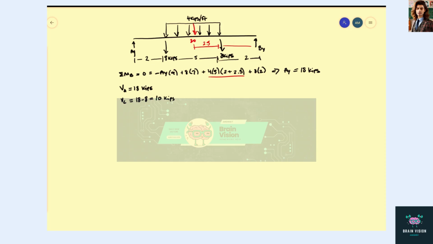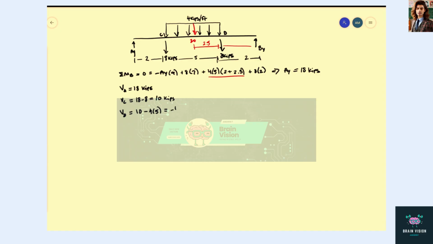And now from C to D, and also let me label this. From C to D, our force is going to vary linearly because of that 4 kips per foot. So we do VD is equal to 10 minus 4 times 5.